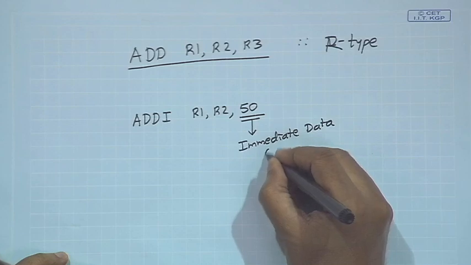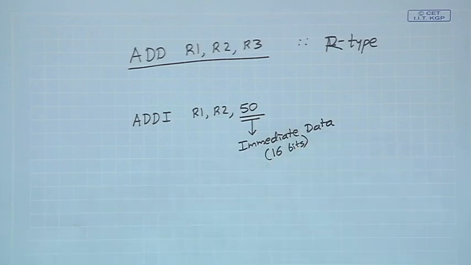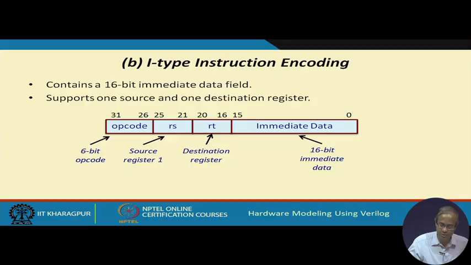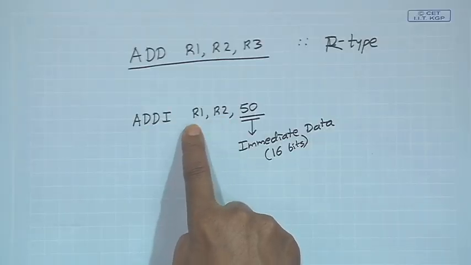Now, here this immediate data is encoded in 16 bits, right. So, you see how the instruction encoding is done here. Again the first 6 bits are for opcode, the next 5 bits are for the source register, like in this case the source register is R2 in the example that we have given, R2 is the source register and R1 is the destination register, right.